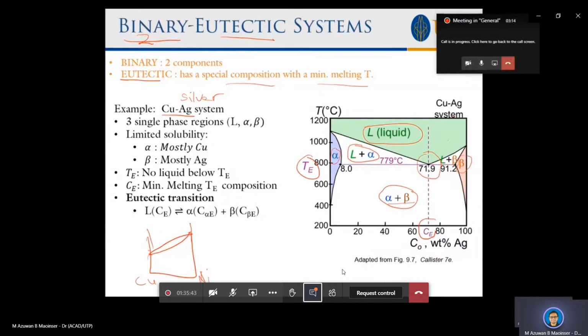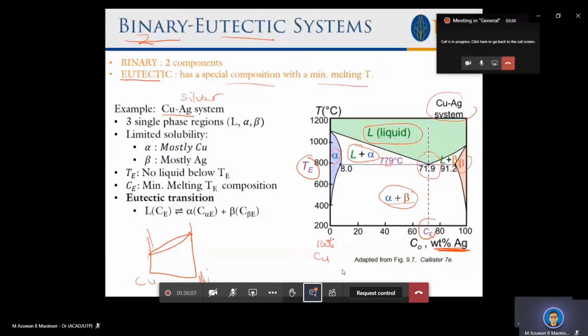This is a specific system, therefore you have specific values indicated in the diagram. If you look at this point, 8 weight percent, this is weight percent of argentum, silver. This is temperature. If it is 0 argentum, that means it's 100% copper.